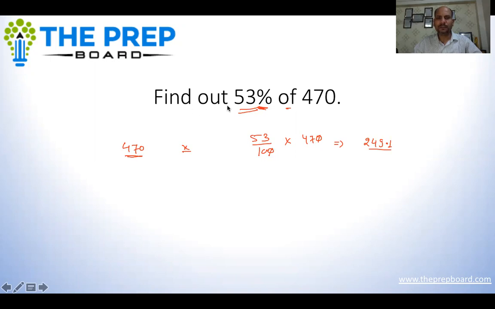And which is the reference? We understand that 470 is the reference because we are supposed to find 53% of 470. So this is the reference, so this has to be 100%. And this unknown number is supposed to be 53%. Okay. This method is very important and very useful. Try to understand it with the questions and later on this will be very beneficial to us.